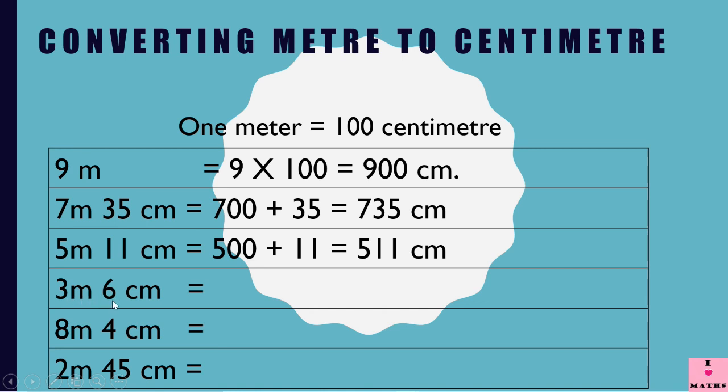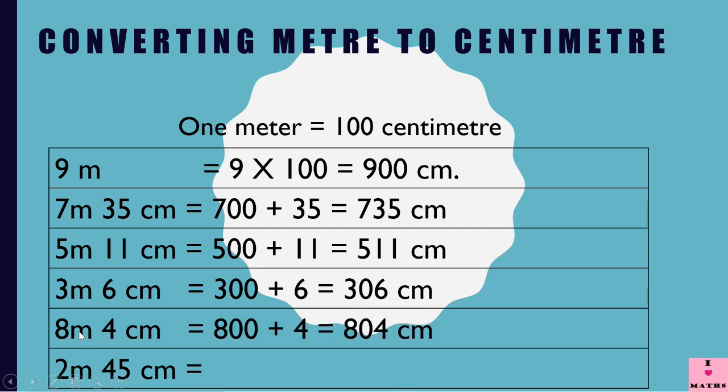3 meter 6 centimeter. 3 meter is 300 centimeter plus 6 is 306 centimeter. 8 meter 4 centimeter is 804 centimeter because 8 meter is 800 centimeter plus 4 is 804 centimeter. 2 meter 45 centimeter. 2 meter is 200 centimeter and you add 45 in it, you get 245 centimeter.